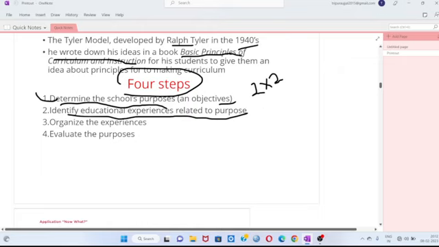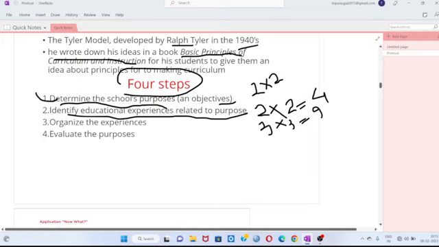They will do it. The teacher will show that 2 into 2 means 4. The teacher will show it. Experience will be provided. Now 3 into 3 is 9. Like this, educational experiences are there.